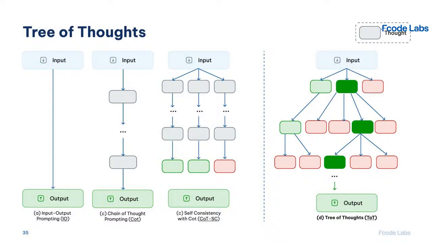We can pick ourselves or again ask the LLM to pick one of the best solutions, and we iterate that until we get a better solution. So in that approach also, what we do is break down long tasks into a set of smaller tasks.